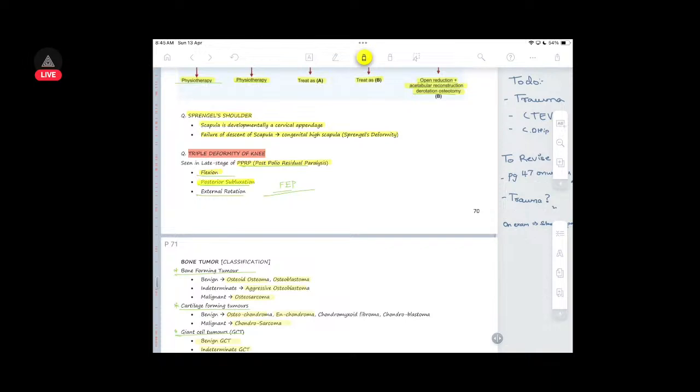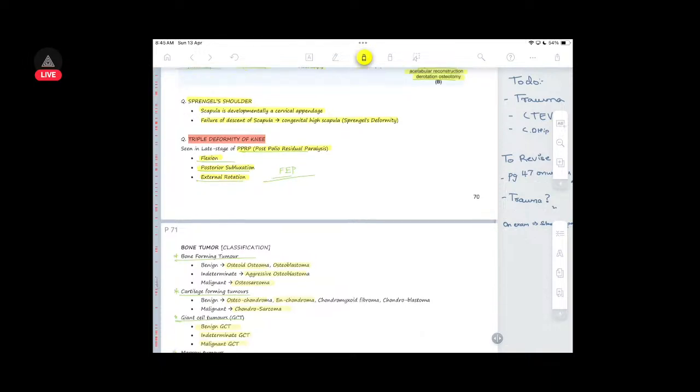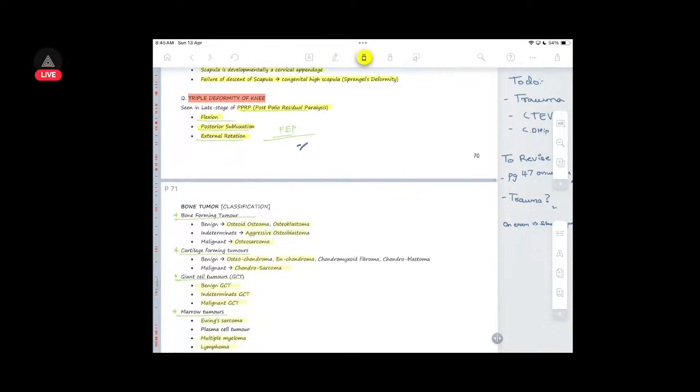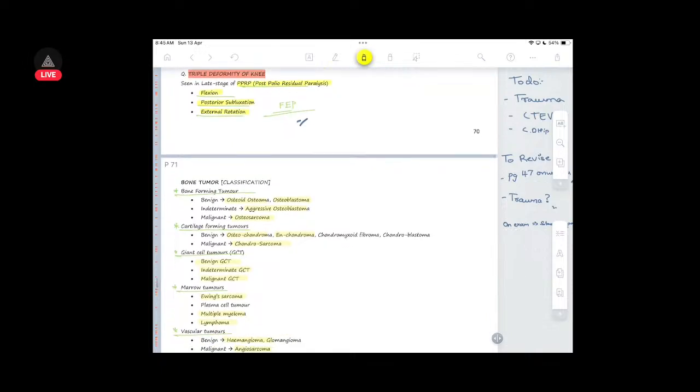You have flexion, posterior subluxation, and external rotation of the knee. That is triple deformity of the knee, FPE: post polio residual paralysis, flexion, posterior subluxation, external rotation.